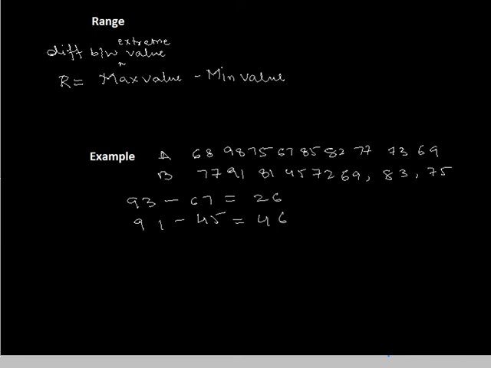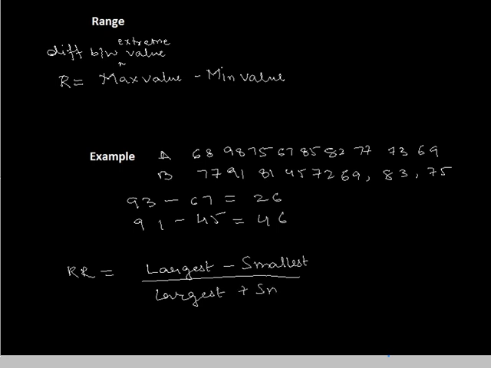Now, what happens when you have data which is based on a frequency table? In that case, your range is essentially the largest minus smallest interval we are talking about, upon largest plus smallest.